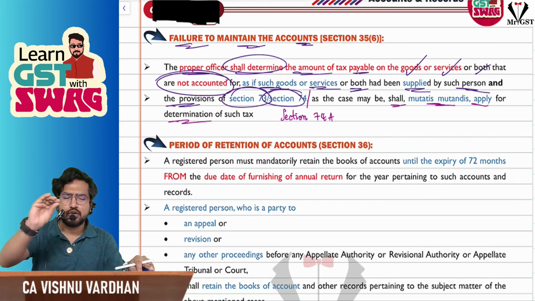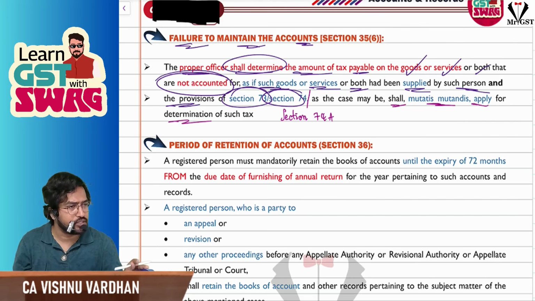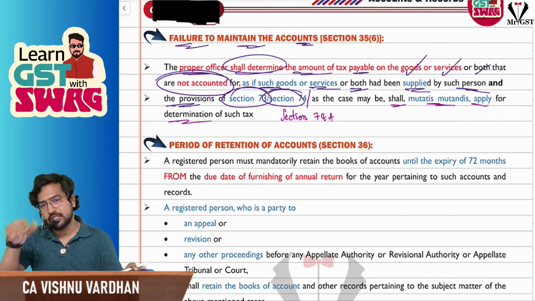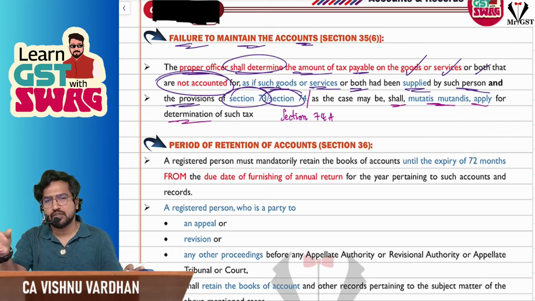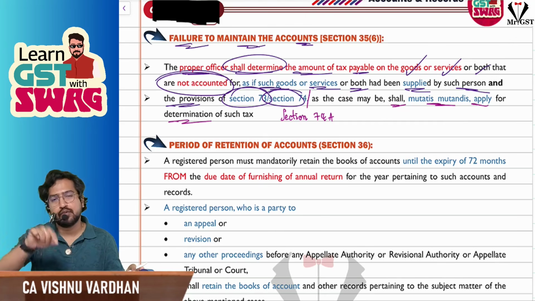So if you don't maintain the books of accounts, whatever goods and services are identified by the proper officer will be deemed to be supplied by you, and he will charge tax, and he will invoke the provisions of 73, 74, or 74A. Earlier 73 and 74 were there. 73 covered cases which are not willful tax evasion, and 74 was talking about willful tax evasion, fraud, all these things.